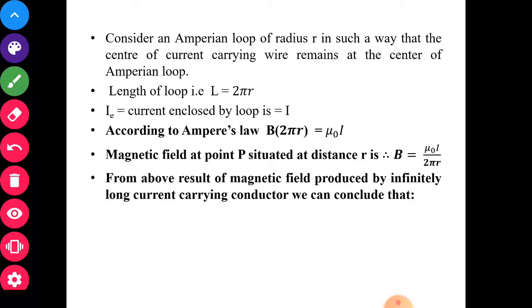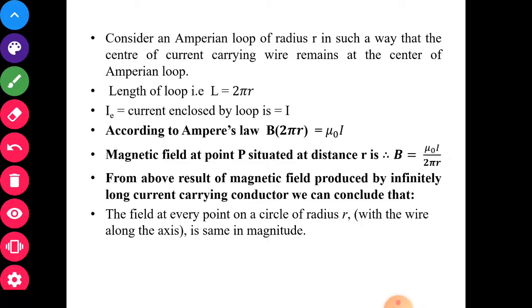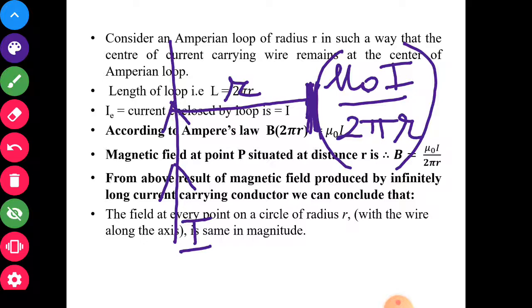From the above result for the magnetic field produced by an infinitely long current carrying conductor, we can conclude that the field at every point on the circle of radius r is of the same magnitude if the distance is kept the same.